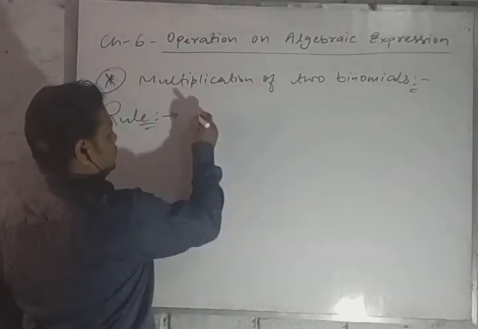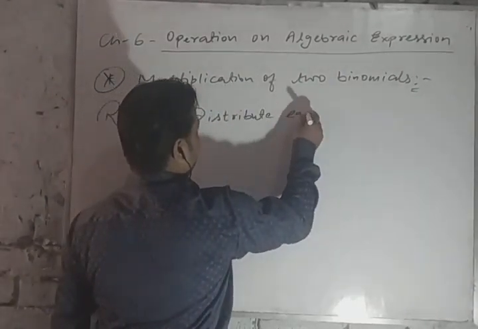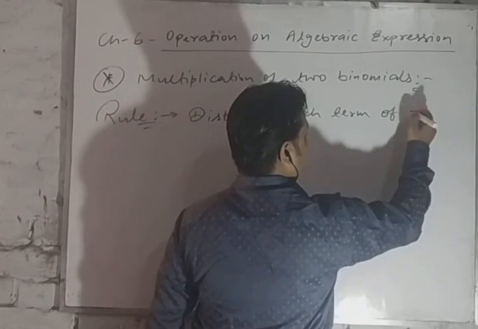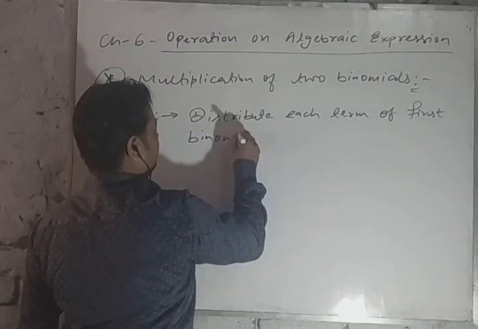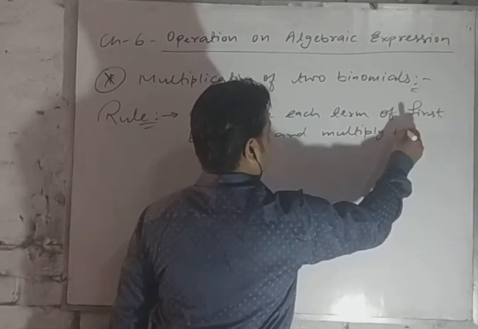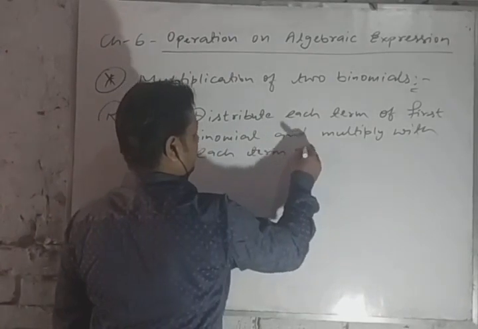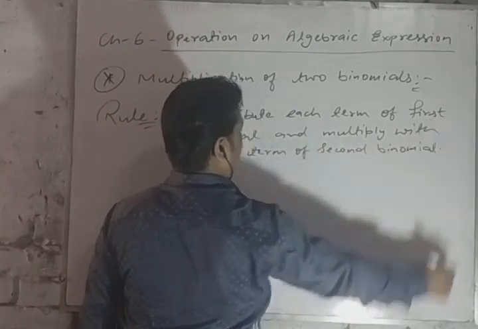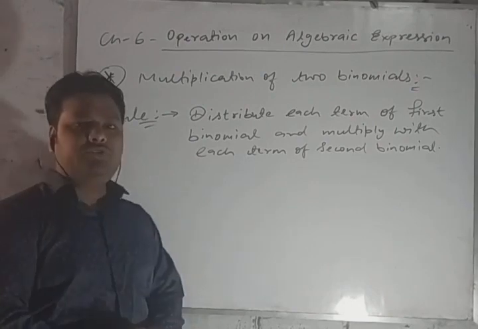That is, distribute each term of the first binomial and multiply with each term of the second binomial.